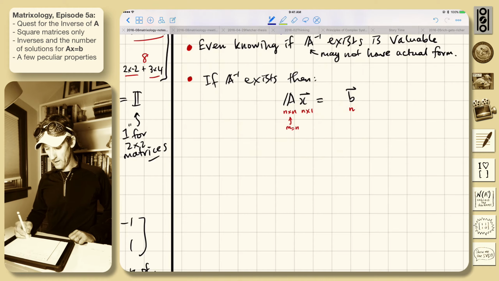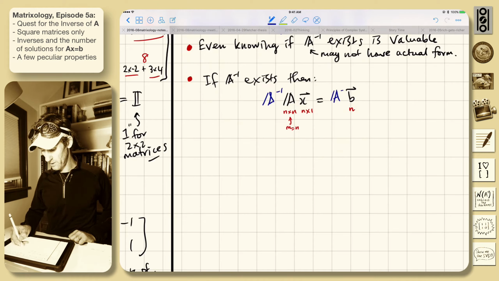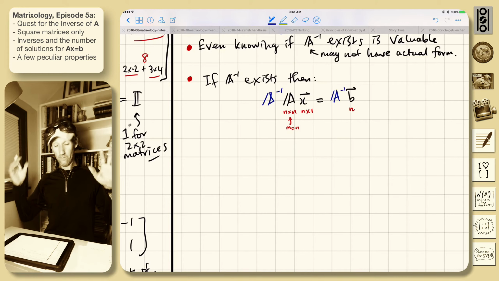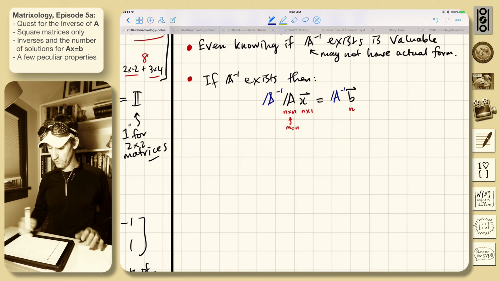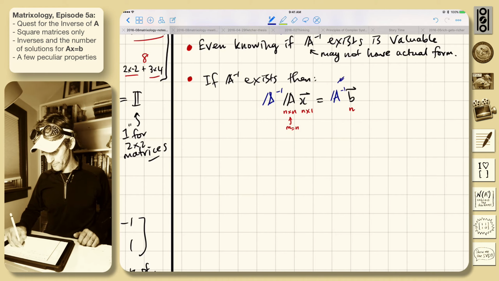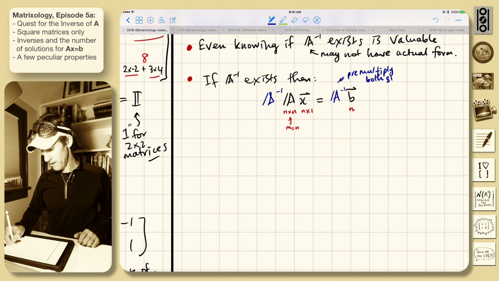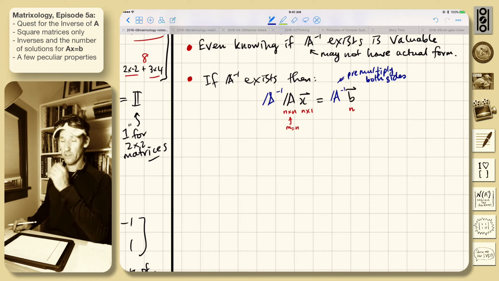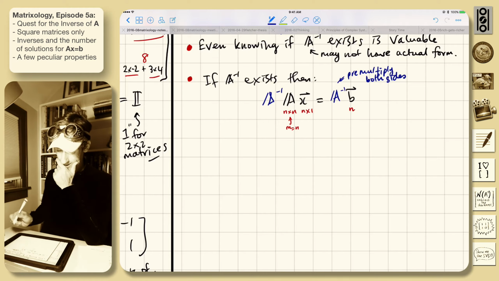So if that's true, then we could put A to the minus 1 at the front. We're going to pre-multiply both sides. Order almost always matters, right? So we have to pre-multiply both sides. No sliding around of matrices. Some of you will do it. You will become sad if you do that. Please don't do it. So we're pre-multiplying both sides. So what happens here on the left?